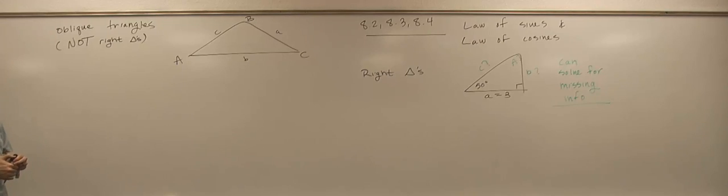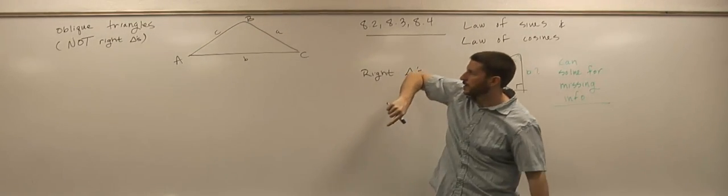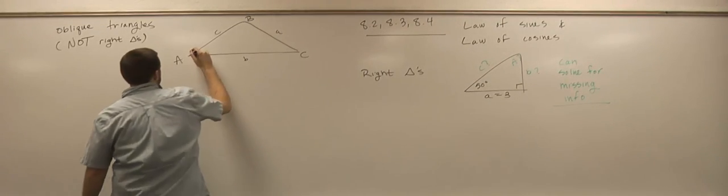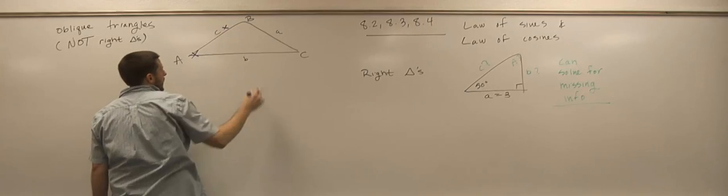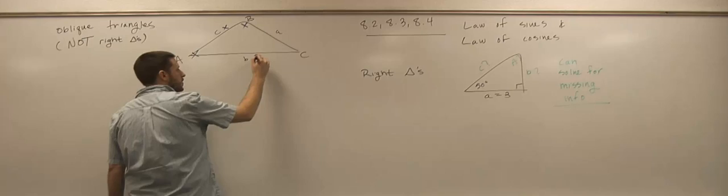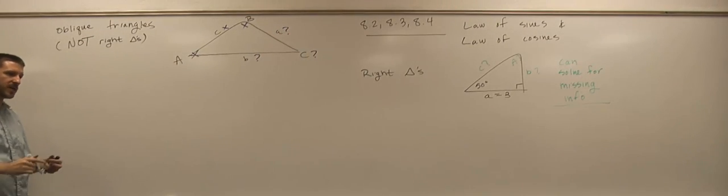What's going to happen in this section is you're going to be given 3 pieces of information, any 3. Like I could give you this, and this, and this. And then you're going to have to solve for the other 3 pieces of information in this oblique, non-right triangle.